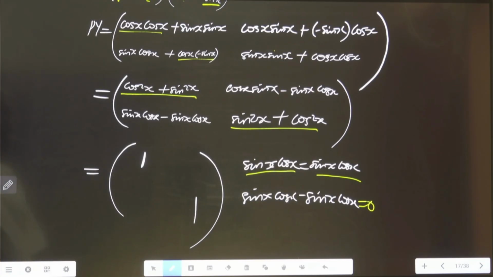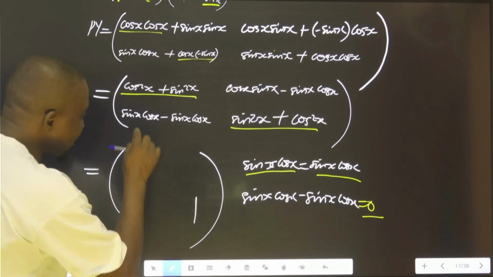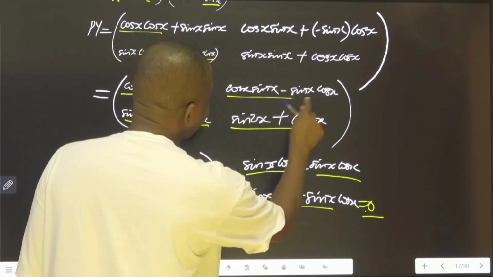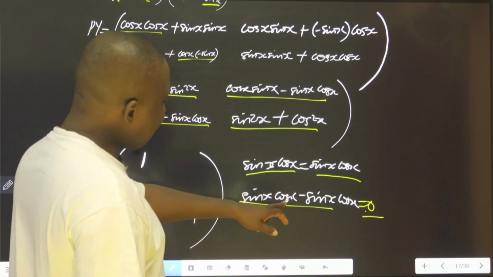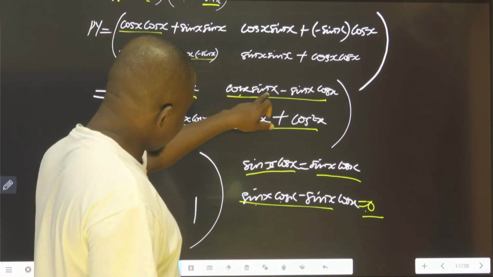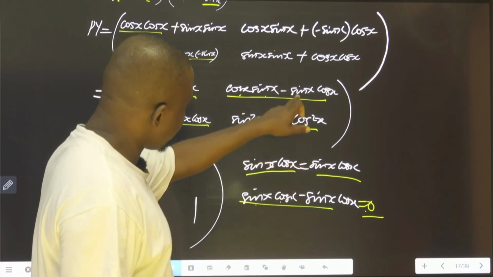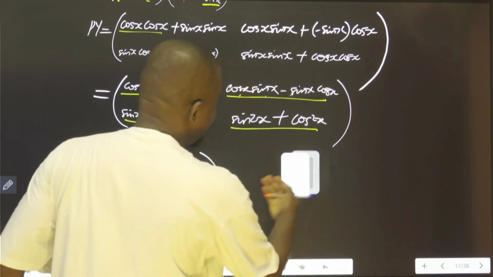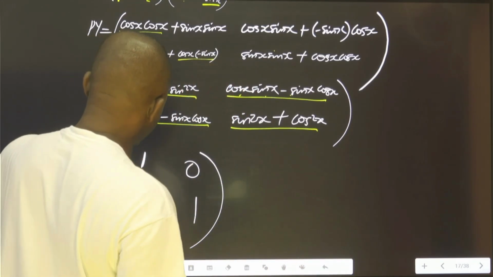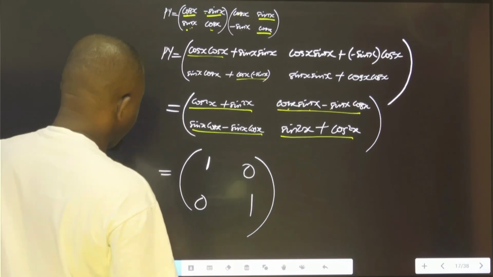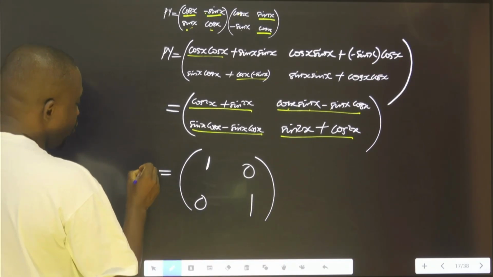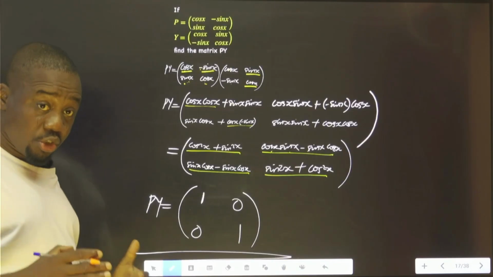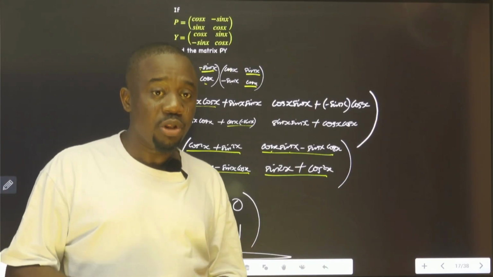It means this is equal to 0. The same thing with this. Either you write cos before sine, just as it's written here, or sine before cos, minus the same thing. Here is also 0. It means, therefore, this is our Pi. Pi is equal to this. Just to understand compound angle trigonometry.